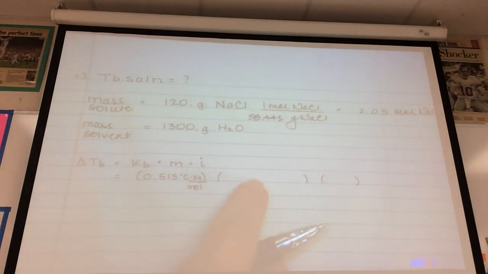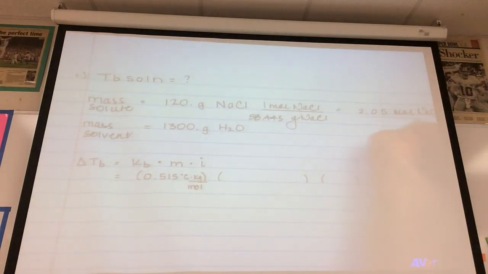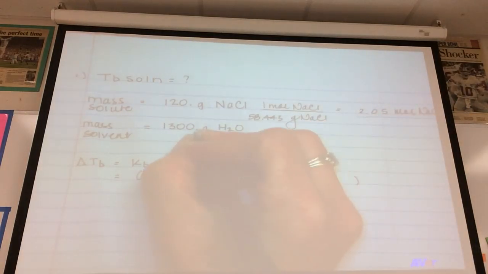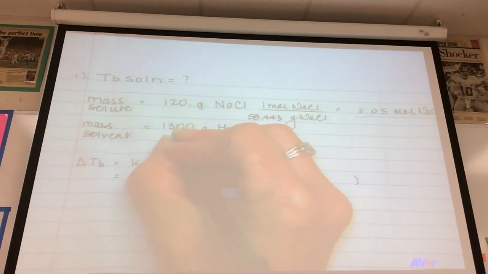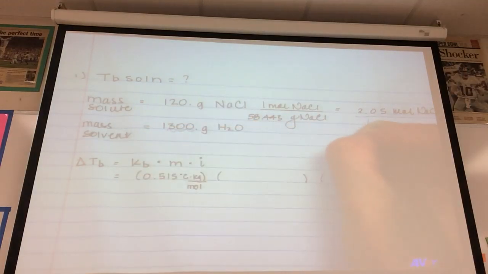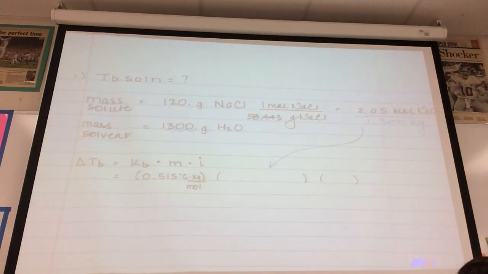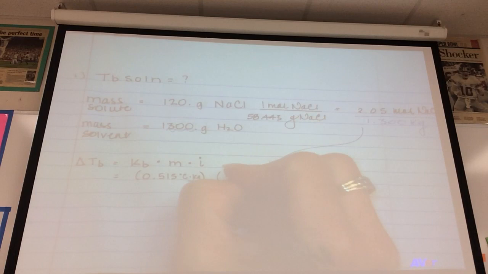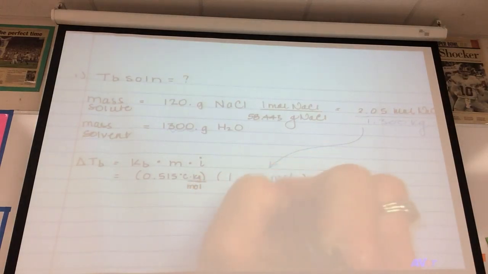So do we just plug that in for molality? You better not, because what do we need to divide this by? Kilograms of water. Move the decimal 3 to the left. So we have 2.05 divided by 1.3 is 1.58 moles over kilograms.